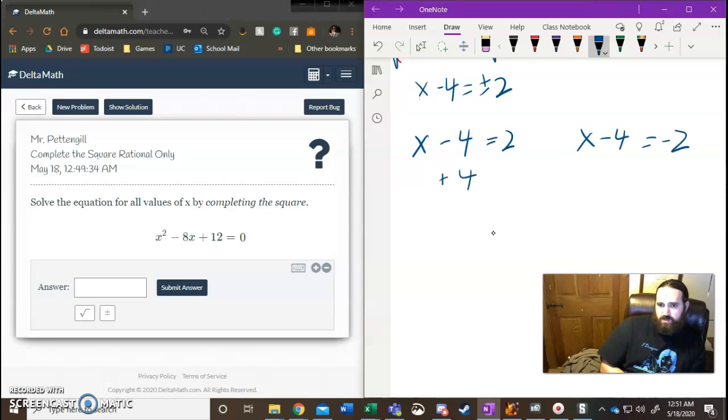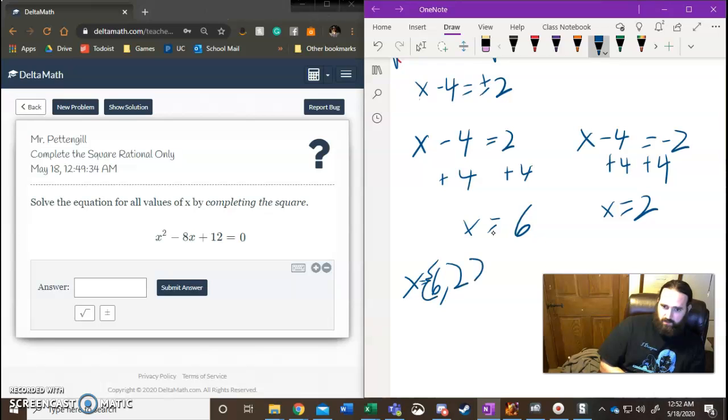Well, add 4 to both sides here: x equals 6. Add 4 to both sides here, and you'll get x equals 2. So my answer here is x is the set of 6 and 2.